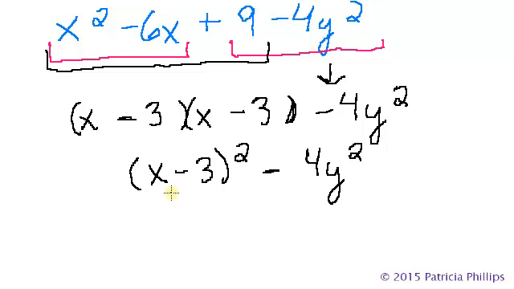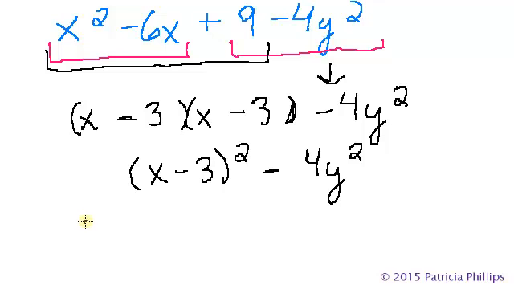So what is the difference of two squares? Well, when you have a difference of two squares, you write one set of parentheses with subtraction, and in the other set of parentheses, you do the addition, and you multiply them.